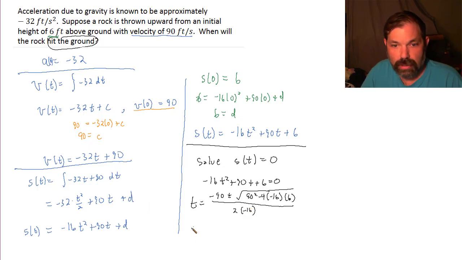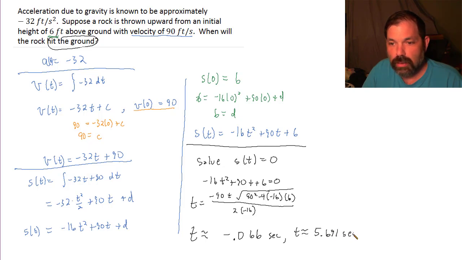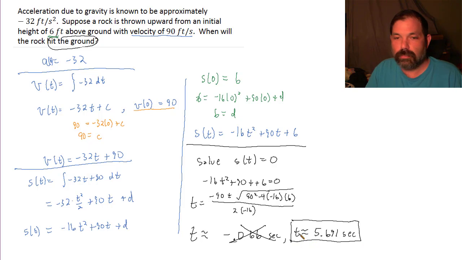I get that t is approximately negative 0.066 seconds, and t is approximately 5.691 seconds. Realistically, when can the rock hit the ground? It can't hit the ground in negative time. So 5.691 seconds is when the object hits the ground.